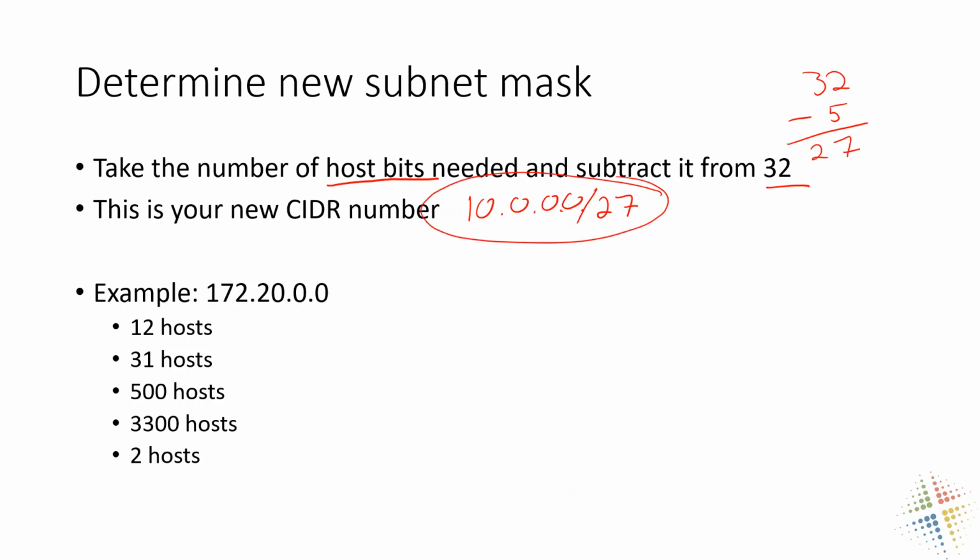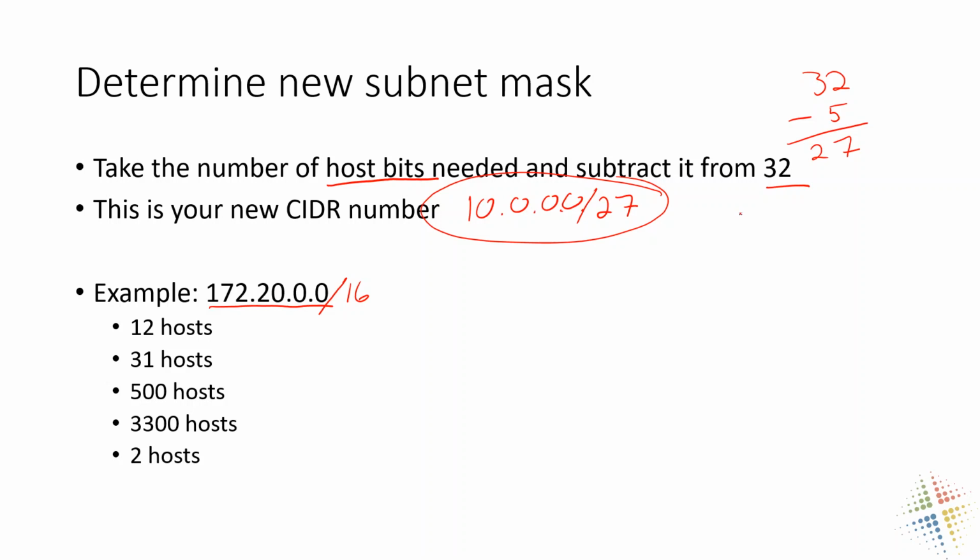All right, so let's do some more examples. The 172.20.0.0 network, if I look at it, the range classically is going to be a Class B network, which means traditionally it's going to be a /16. So I have some requests here. I need a network with 12 hosts.